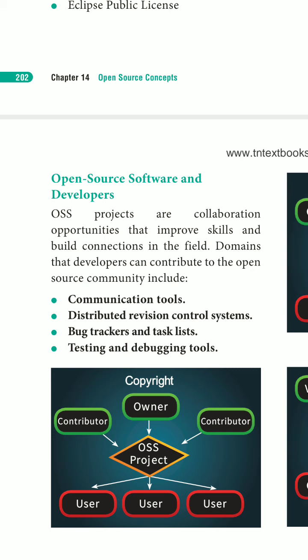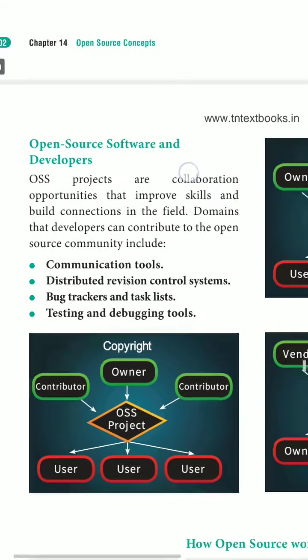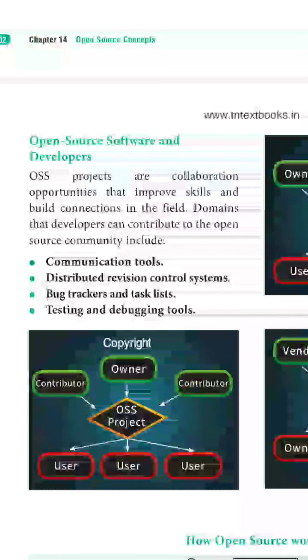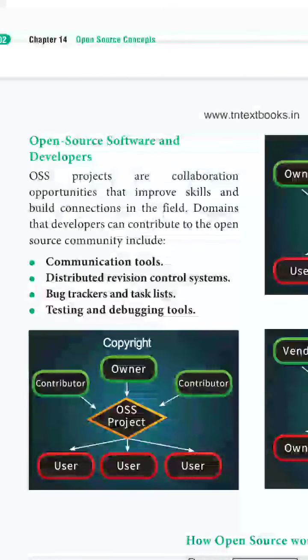Domains that developers can contribute to in the open source community include communication tools, distributed revision control systems, bug tracking, task lists, and testing and debugging tools. So these are all the tools or fields that open source developers commonly get involved in to produce their products.